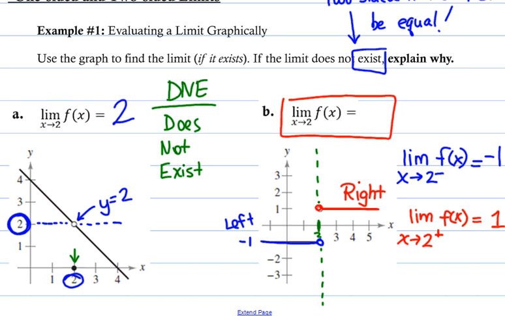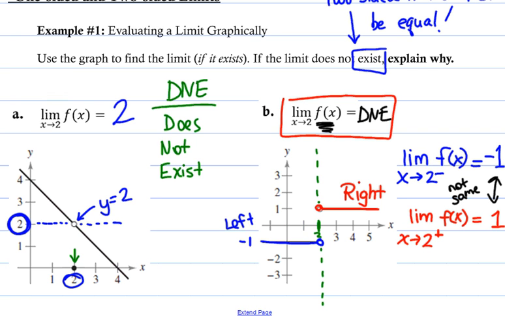So if I compare, obviously negative 1 and positive 1 are not the same. Since they're not the same, the limit of f of x as x approaches 2 is not going to exist. It does not exist. And those are two-sided limits.